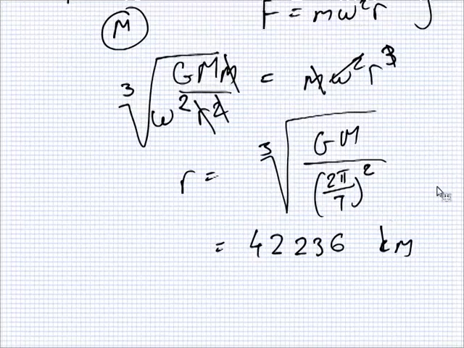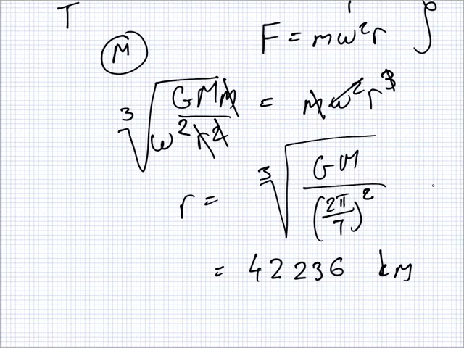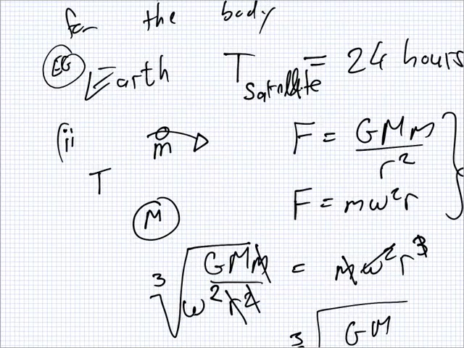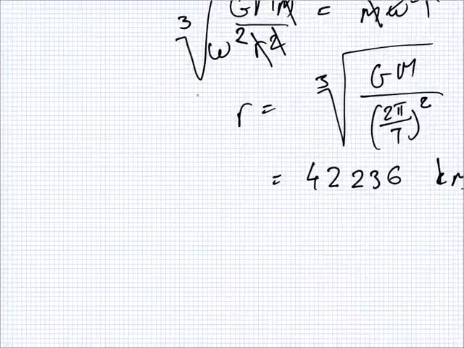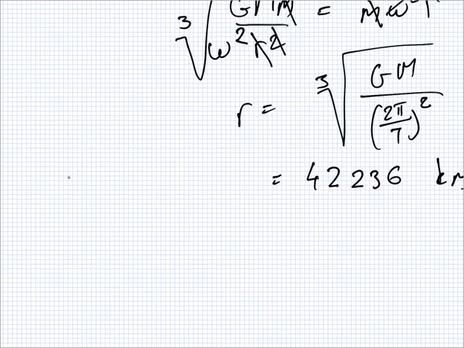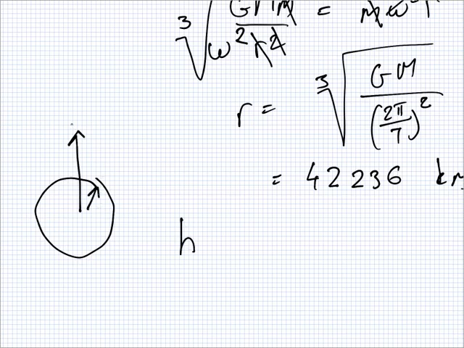Yay or nay? It's in meters over here, it's 3.59 times 10 to the 7, no, meters. I know my problem. They asked for the height, not the radius. We have to take away the radius of the Earth to get the height, because what I got was the total.